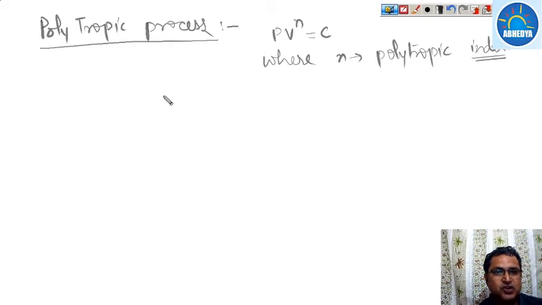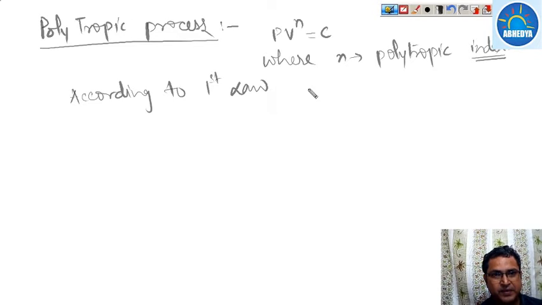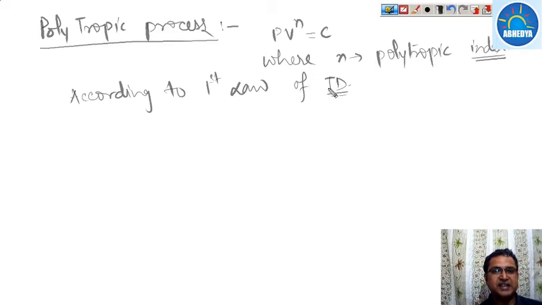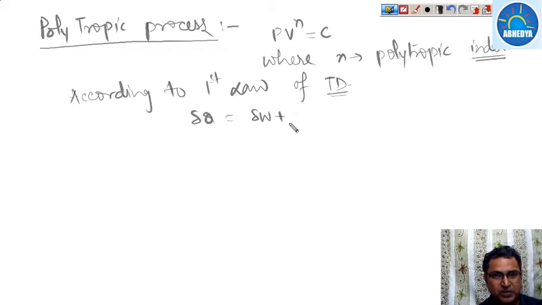Okay, so according to first law of thermodynamics, delta Q is equal to del W plus dU.